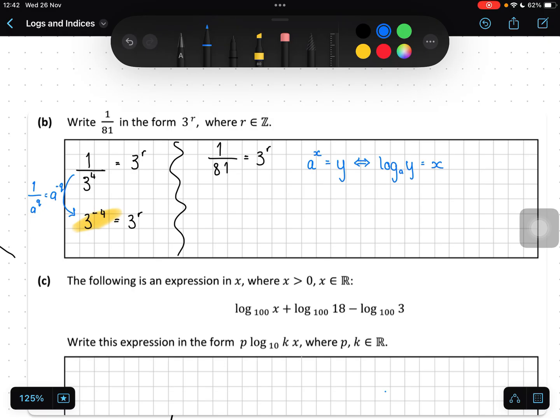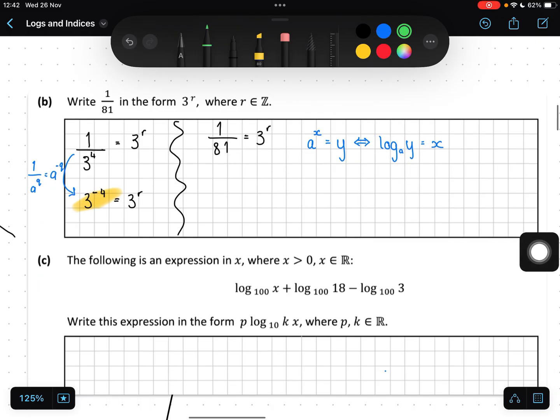So rearrange here. I'm trying to find x. I'm trying to find what was in the power. So the thing that it's equal to is 1 over 81. a is going to be 3. And I can call x r or I can just leave it as x.